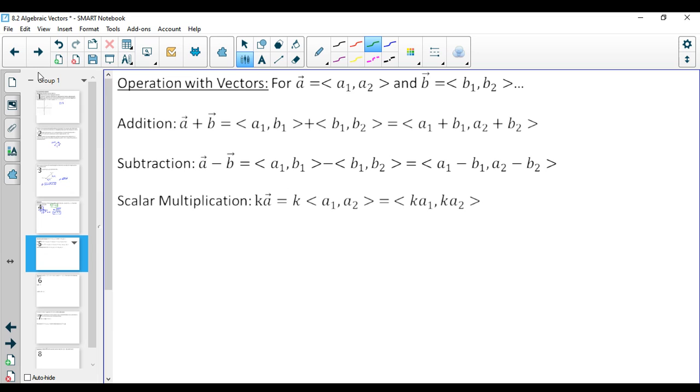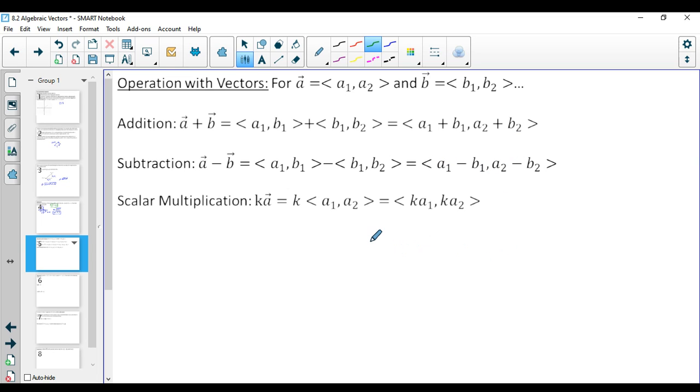Operations with vectors. I wouldn't really worry about writing all of this down because it's pretty self-explanatory. If you add vectors A and B, you do A1 plus B1 and then A2 plus B2. So basically add both the x's together and both the y's together. Same thing for subtracting: subtract the x's and then the y's.